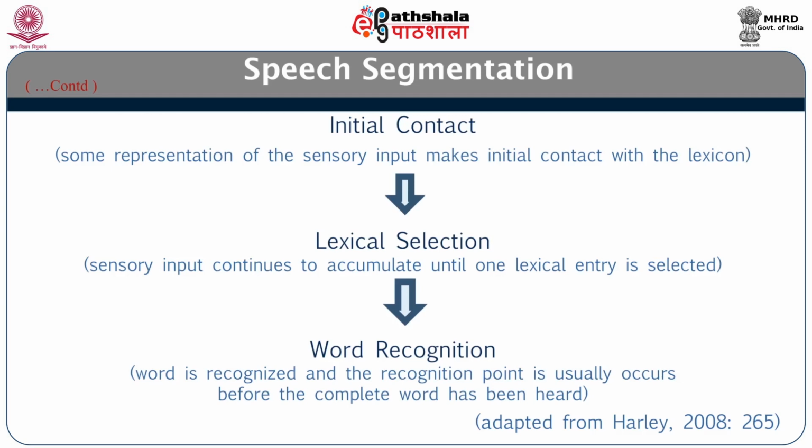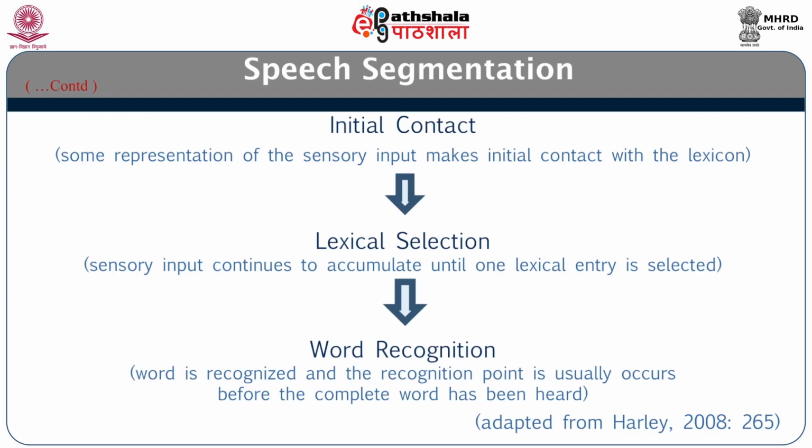If you're saying that the murderer took the knife and went towards the woman sitting on the chair, and his intention was to, even before you hear ki, his intention was to kill, because there's enough in the input to tell you what can follow. It can't be that he went towards the woman to be the king, or you can't put any other word. It has to be kill.